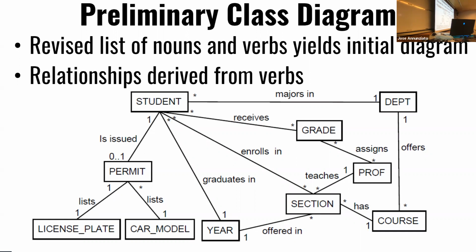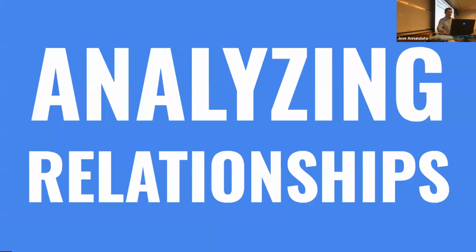It has to go through an iterative process of identifying relationships that are not adequate or that are redundant, or a class that shouldn't be a class at all and should be an attribute of something else. So it has to go through a process of iteratively pruning, looking for redundancies and inappropriate relationships. This is just a preliminary.